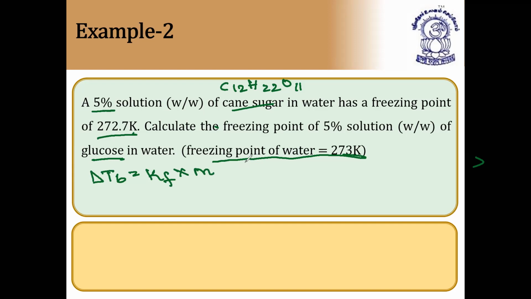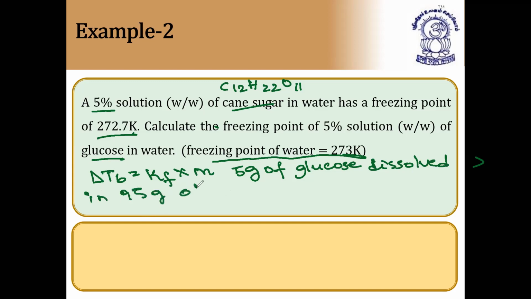So I'm writing the statement: 5 grams of glucose dissolved in 95 grams of water. So now you know the weight of solute, the mass of solvent, and the solute molecular weight, and finally the Kf value is 1.86 for water.